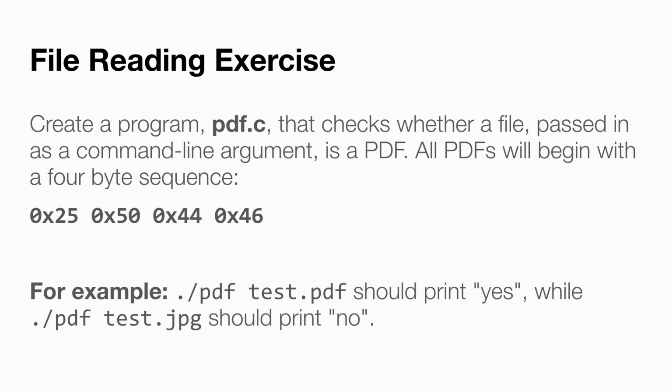If you do some math and manipulation, you're welcome to figure out what exactly that is. The example usage is that when we run this PDF program and plug in a specific file name, it should let us know if it's a PDF or not, okay?